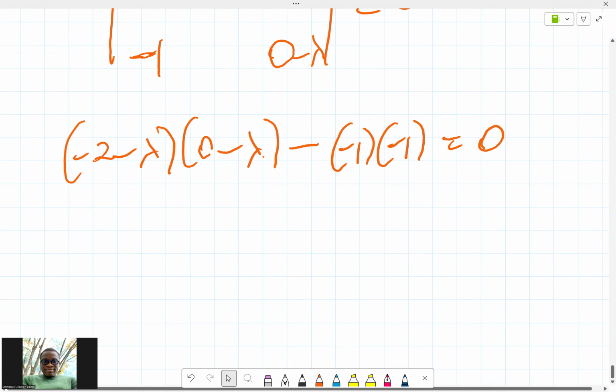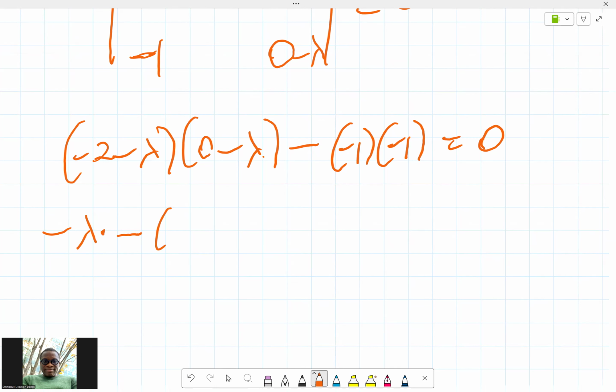So this is minus lambda times minus lambda plus 2. That's a smart way, because the 0 minus lambda is minus lambda. Then minus 2 minus lambda is minus lambda plus 2. So this is minus 1 times minus 1 is 1, equals 0.